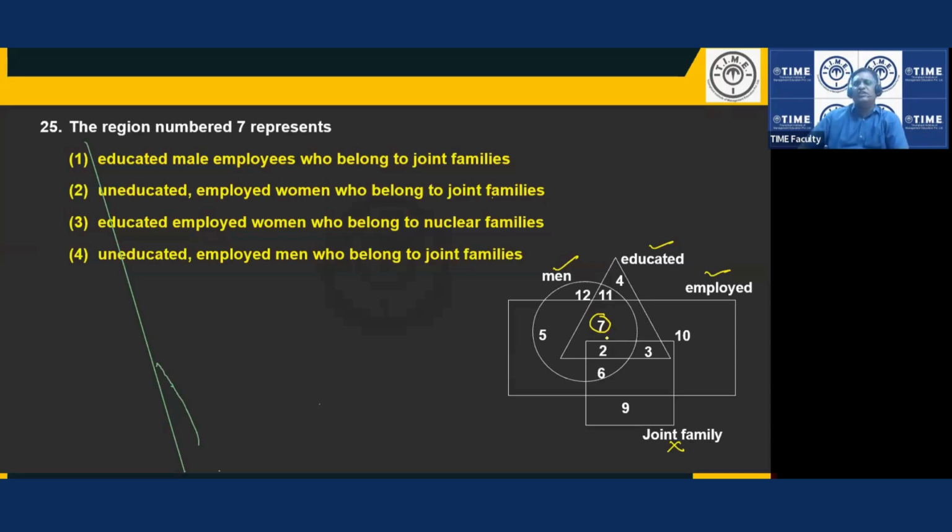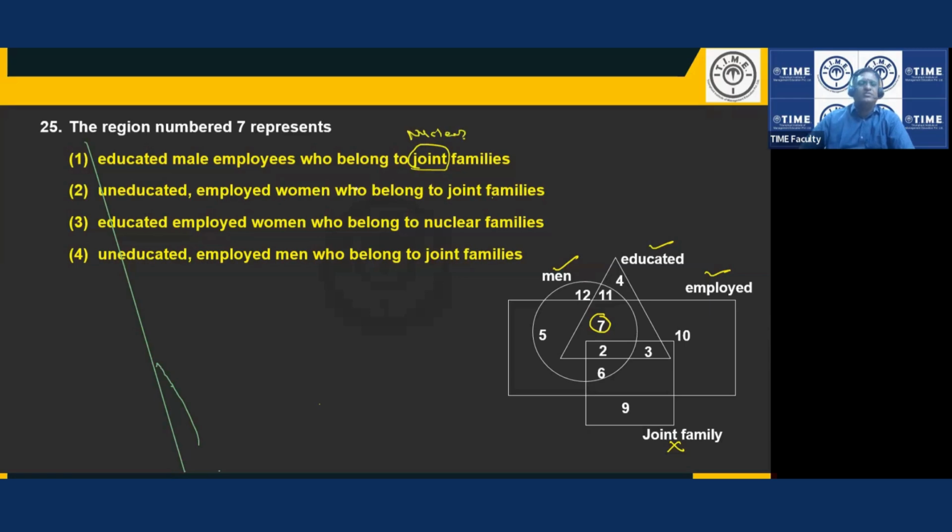So the 7 number belongs to the men, educated, employed, but does not belong to a joint family, so it belongs to a nuclear family, but no such option is given. Look at the first option: educated, male employees. Men and male are the same, male employees who belong to, sorry, a small correction, nuclear family should be there.